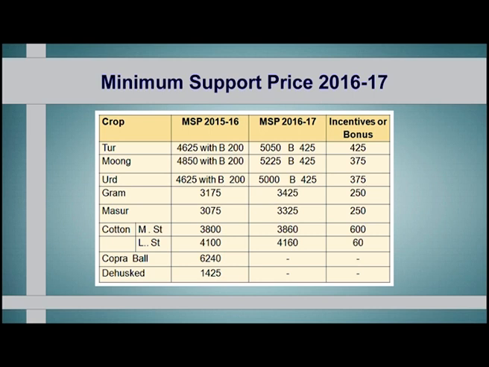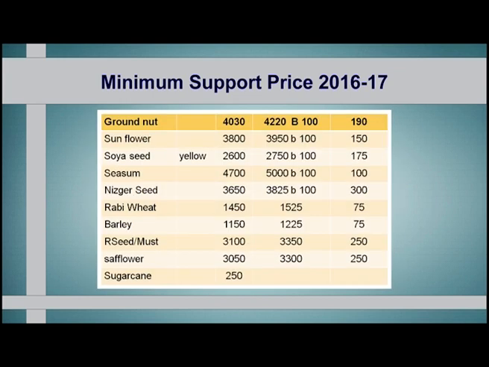There is a lot of improvement in price which the government has announced for pulses production. 425 rupees for each of these pulses is announced as the bonus for collecting more stock of these pulses. Gram has increased from 3175 to 3425. Similarly, cotton medium staple has increased from 3800 to 3860 rupees per quintal, an increase of 60 rupees on the previous price.